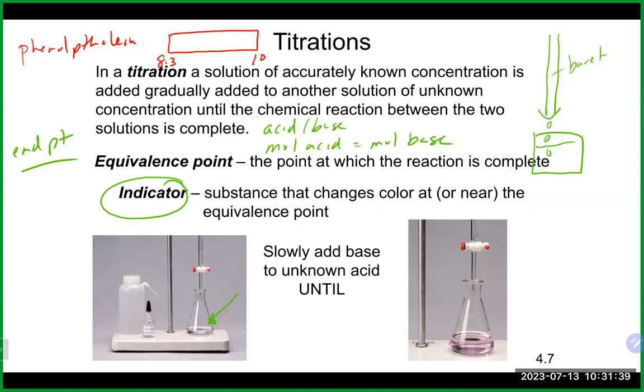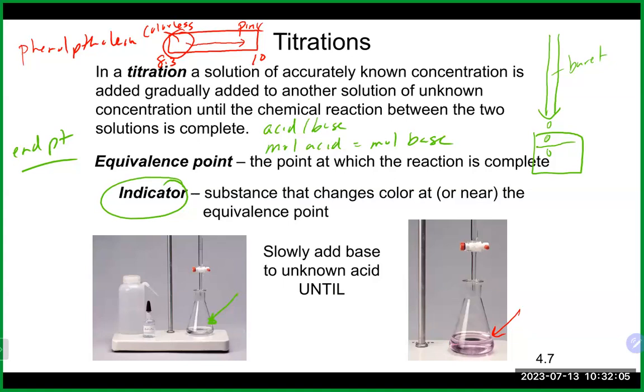And at 8.3, our good friend phenolphthalein is actually colorless. As you move up the pH scale, becoming basic, it becomes more and more pink in color, like we can see over here, kind of pink in color. And that means that phenolphthalein is colorless in acidic solutions.